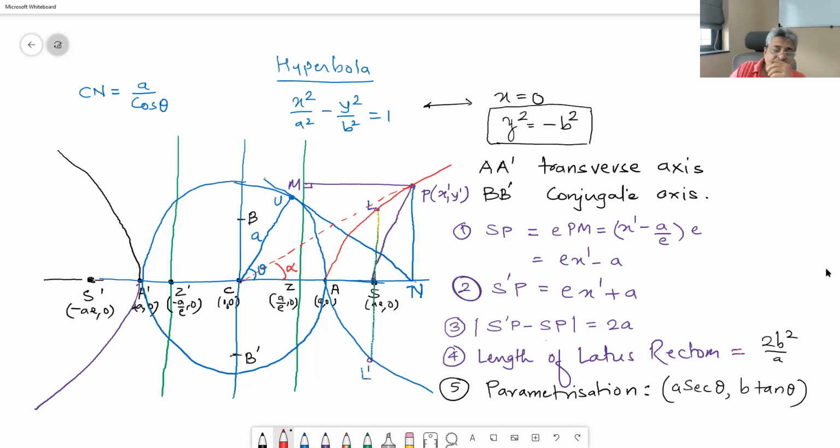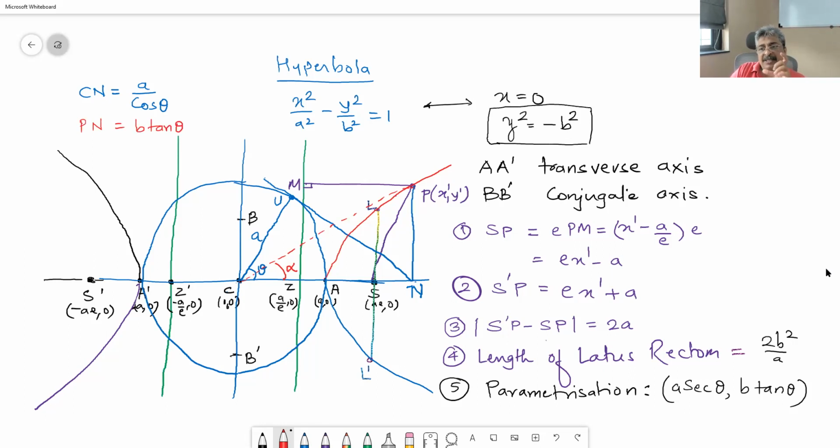So if CN is equal to A upon cos theta, then for getting the distance PN, which is your y coordinate, we substitute this value back into the equation and we get the y coordinate as b tan theta. So what is PN?